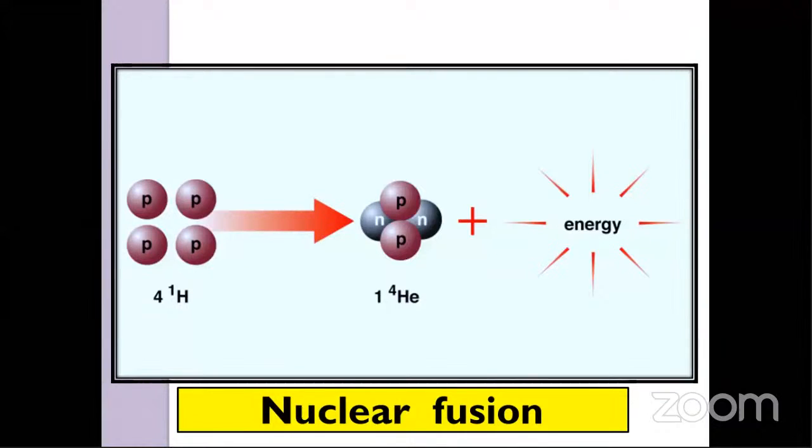Nuclear fusion is a process in which light nuclei like hydrogen fuse together to form helium nuclei, producing a large amount of heat energy, and that heat reaches the earth. So this is one of the sources of heat.